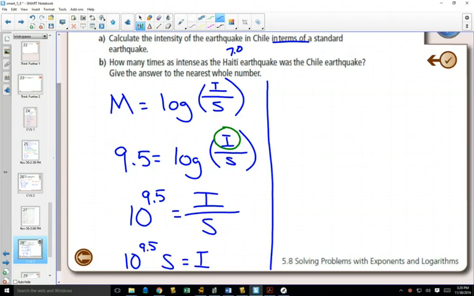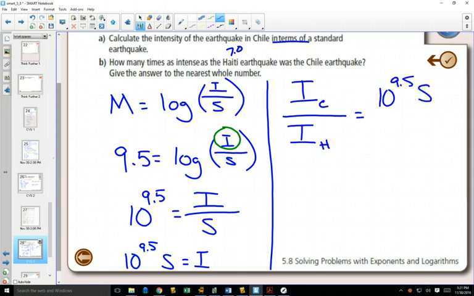So if we want to know how much bigger it is, I'm going to use a little c for intensity of Chile and an h for the intensity of Haiti. Does it make sense that if we divide them, we'll be able to compare how much bigger the one is than the other? Now the intensity of Chile we already figured out was 10 to the 9.5 times the standard level.